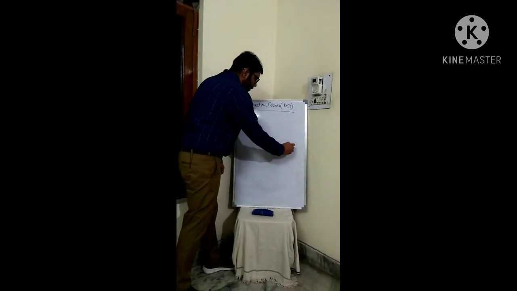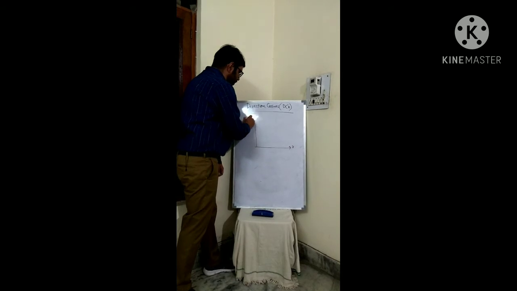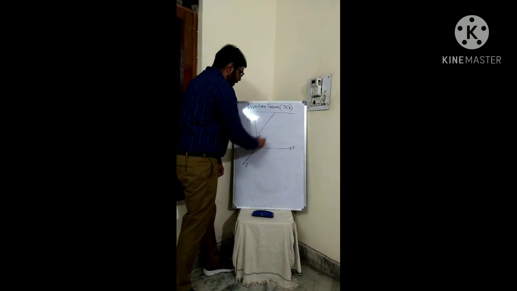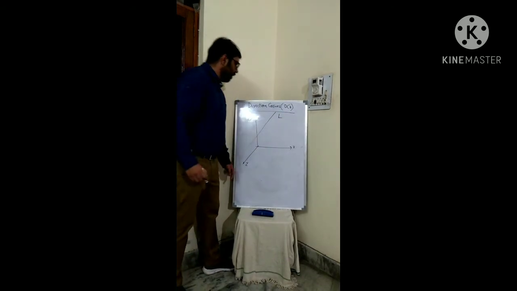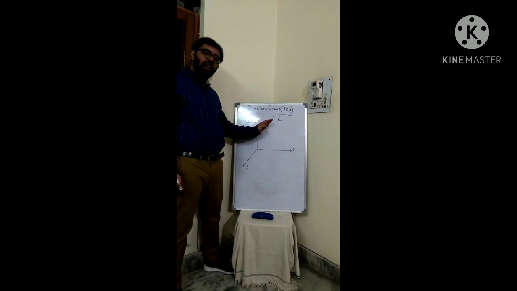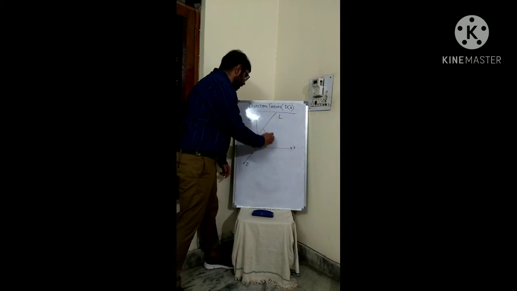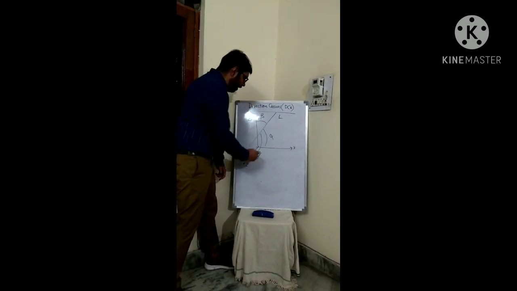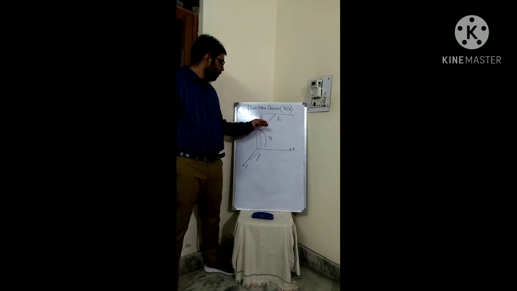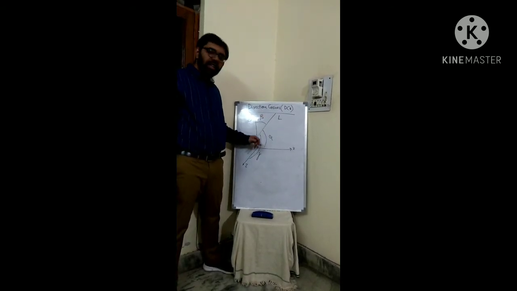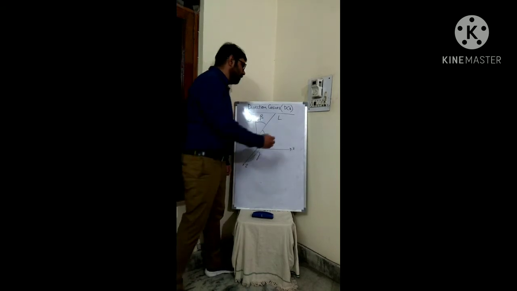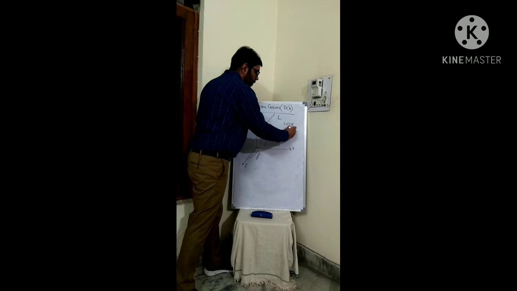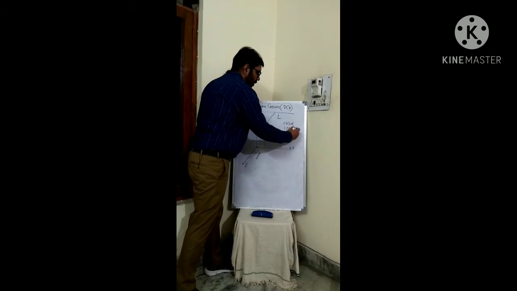In three-dimensional space we have 3 axes, the x-axis, y-axis and z-axis. Suppose there is a line L. Now this line makes an angle alpha with the x-axis, makes an angle beta with the y-axis, and makes an angle gamma with the z-axis. Then the cosines of these 3 angles are given a special name, which means cos alpha, cos beta and cos gamma.